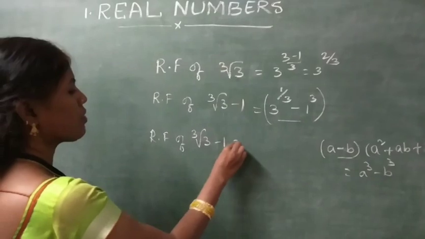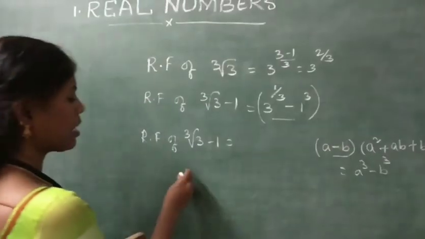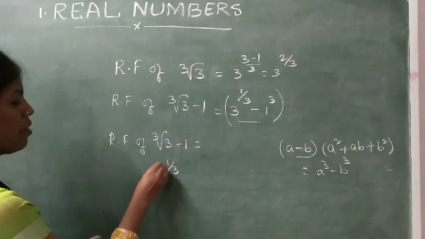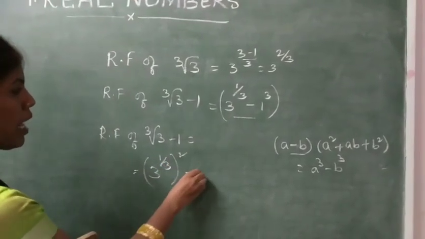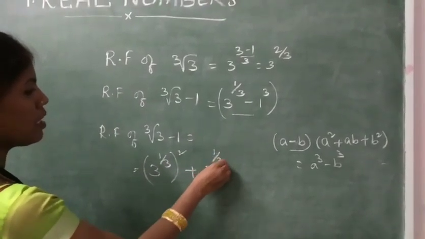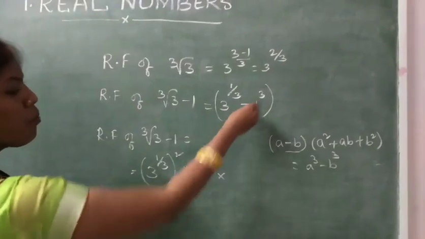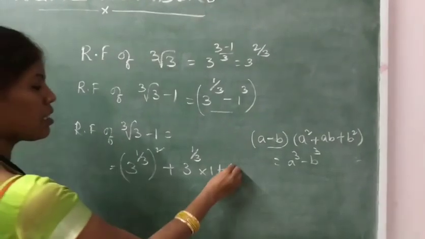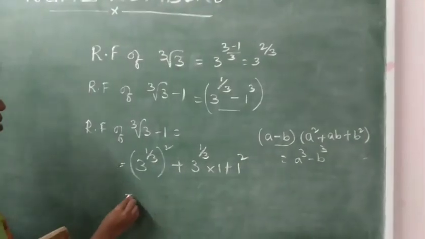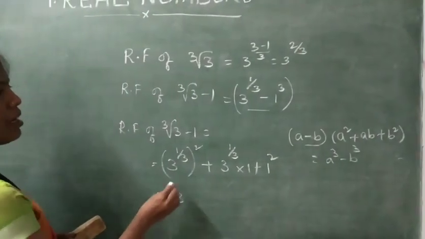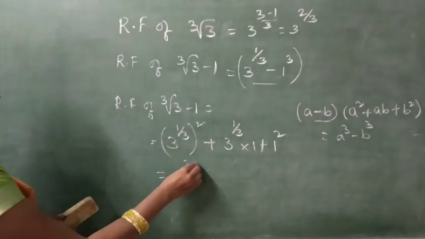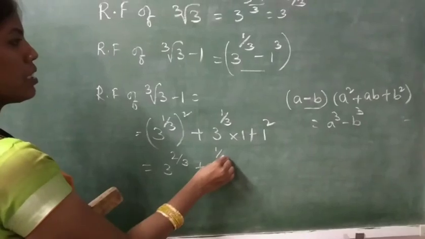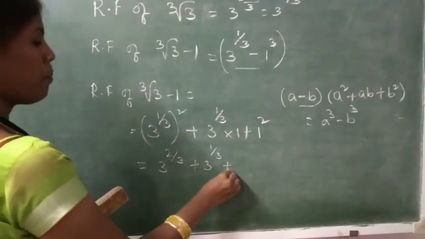So the rationalizing factor of cube root 3 minus 1 is equal to a square. What is a? 3 power 1 by 3 whole square plus 3 power 1 by 3 into 1 plus, what is b square? B square is nothing but 1 square. So now here 3 power 2 by 3 plus 3 power 1 by 3 plus 1.